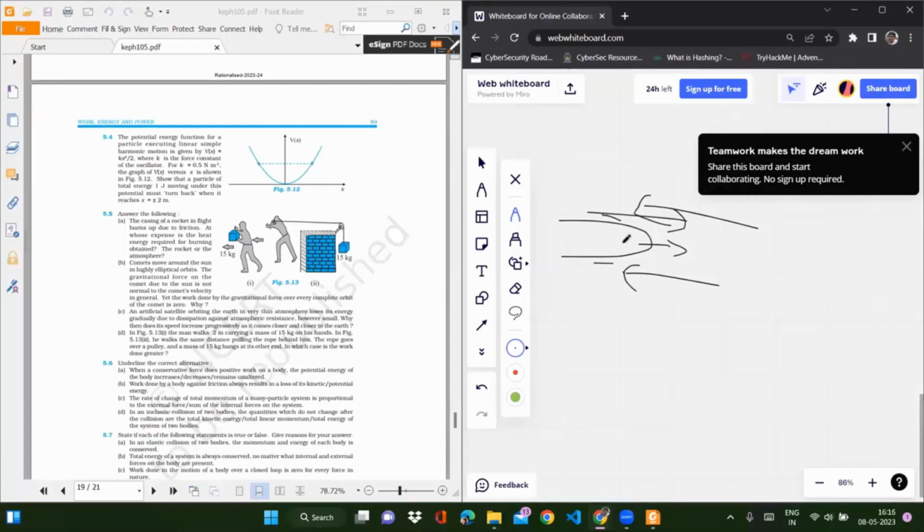So we see that the force on the rocket and its displacement are in the same direction. So the work done by the rocket is actually positive. As the work is done by the rocket, the energy of the rocket is utilized, and so it is at the expense of the rocket.